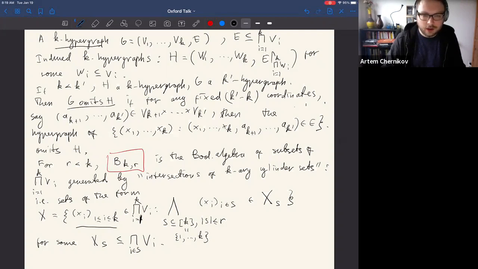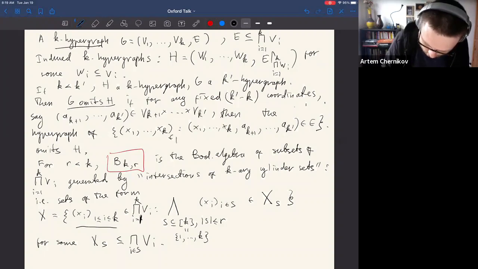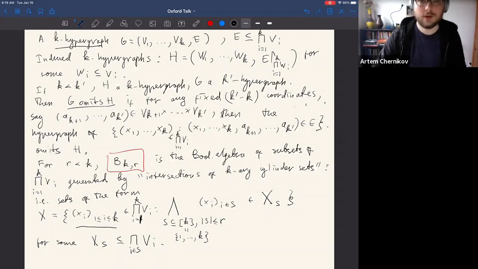So G omits H if for any fixed choice of all but k coordinates, the resulting k-hypergraph omits H. We already defined this when k is equal to k prime, which is just the natural meaning of omit.